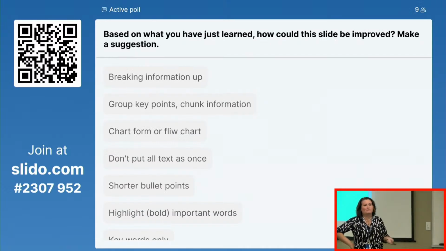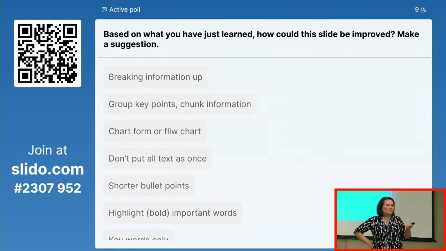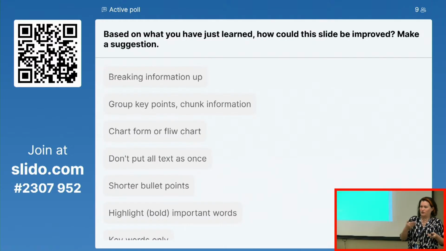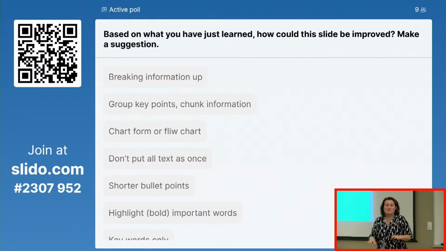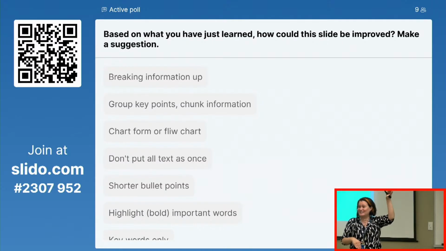Now, I know some people say to me, well, I've got to put everything on the slide because students use that as their learning notes. What I like to remind people is there's a notes section. Don't forget, you can put all the stuff you want in your notes. You can write an essay. And what's great about the notes is that screen readers read them.